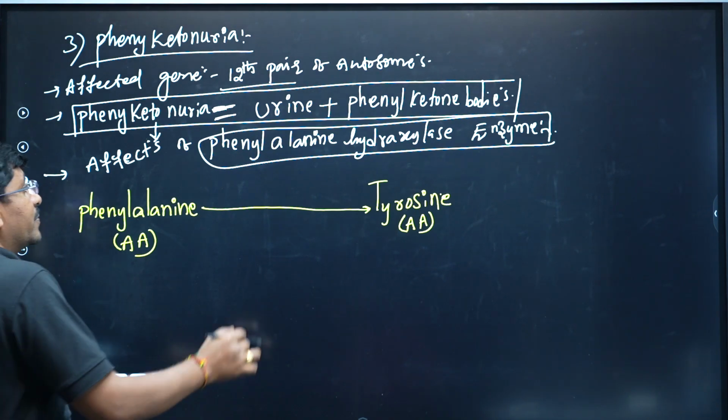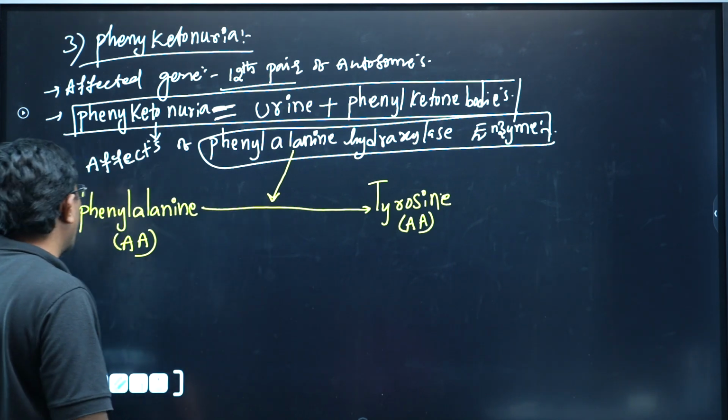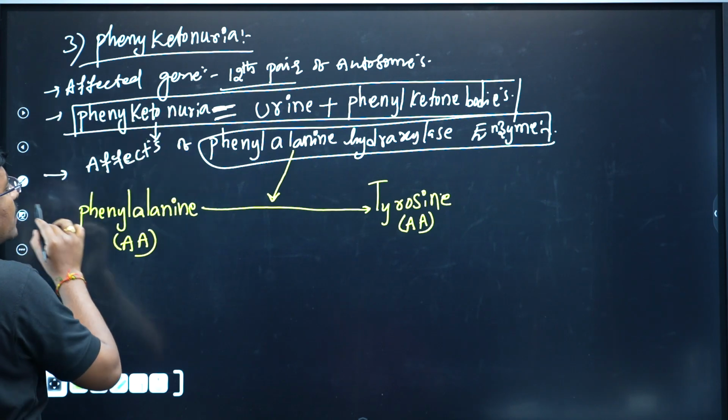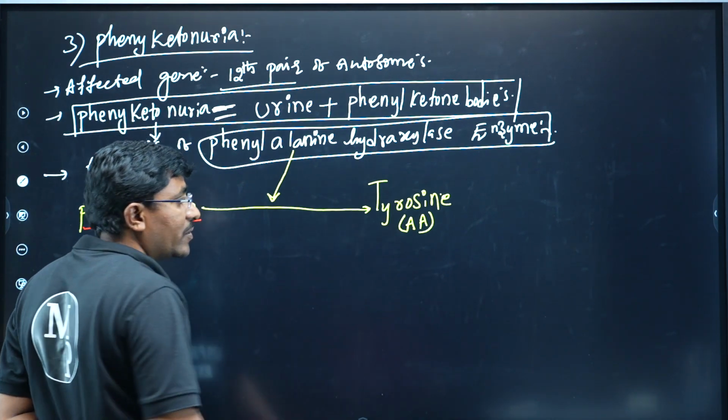What is the role of the phenylalanine hydroxylase enzyme? That enzyme is essential for the conversion of phenylalanine into tyrosine.